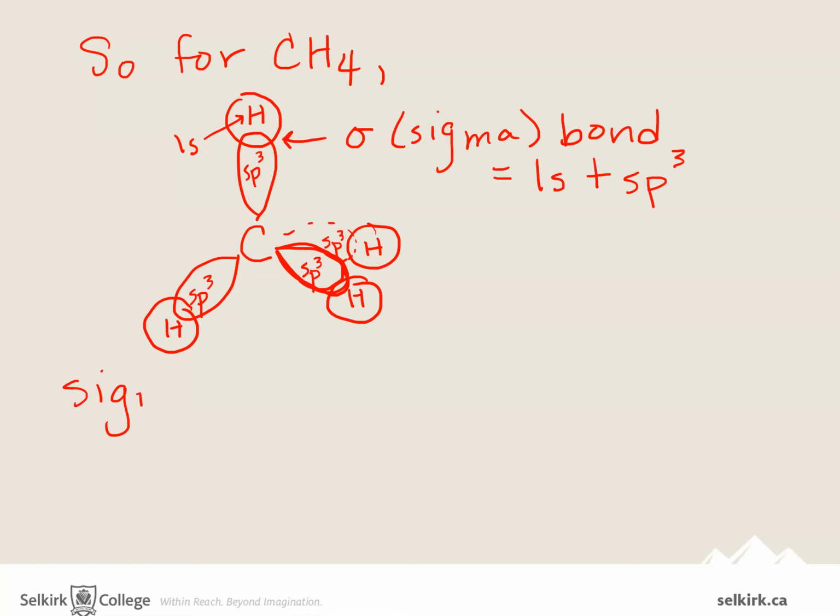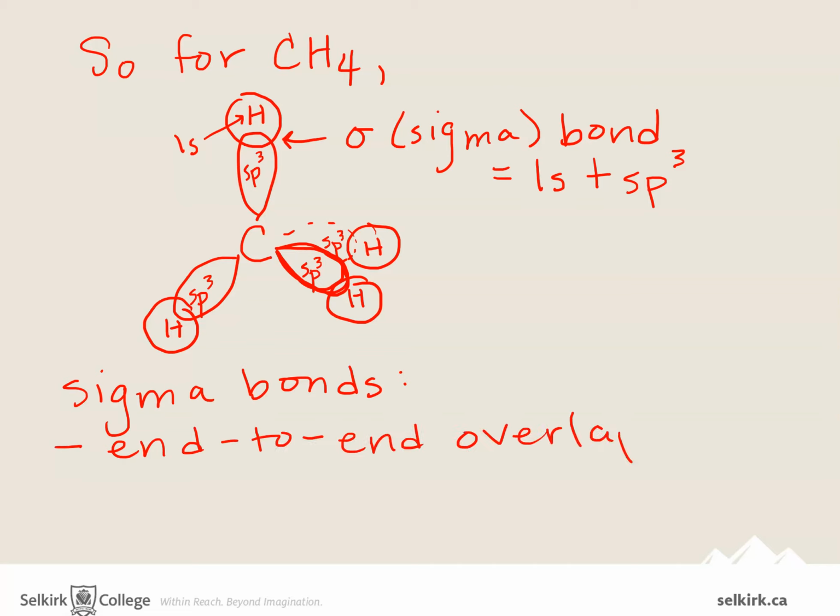So I'll jot down a few points about sigma bonds. They are formed by the end-to-end overlap of atomic orbitals.